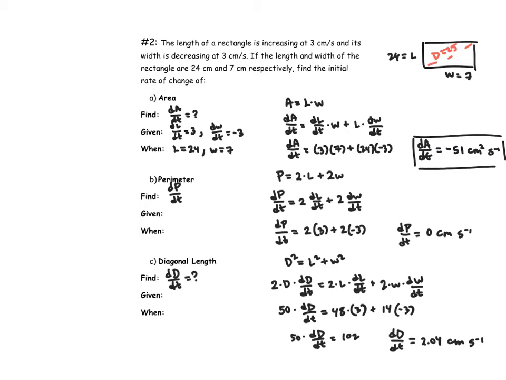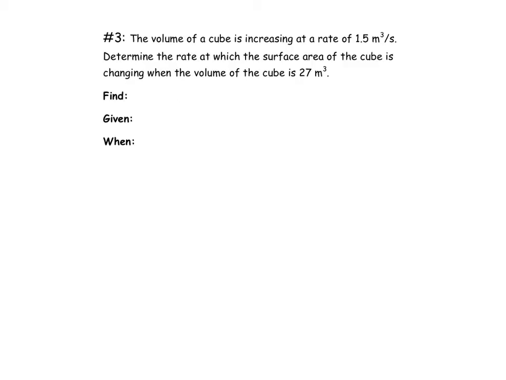Awesome. Okay, let's look at another example. The volume of a cube is increasing at a rate of 1.5 cubic meters per second. So dV/dt is given as 1.5 meters cubed per second.